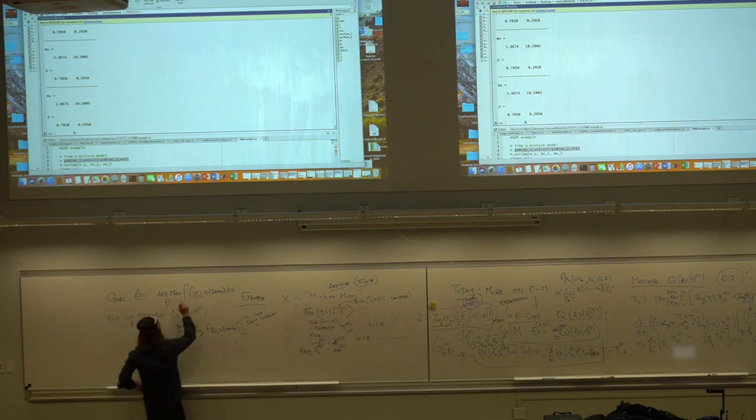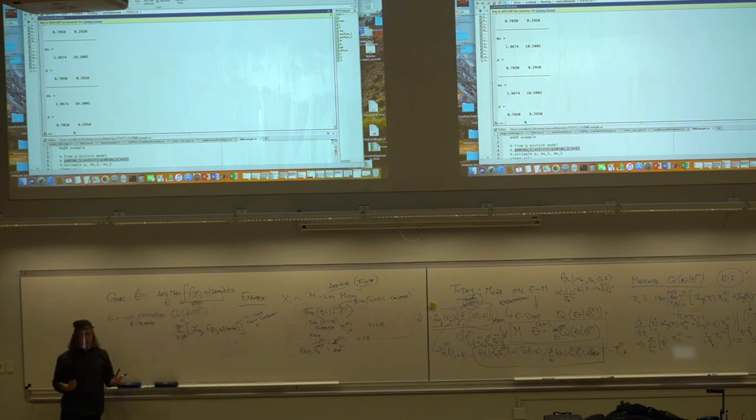So I'm going to call this function right here f theta. I'm going to get rid of my data notation just to clean this up a little bit. And I just want to show you that f psi given theta is going to be equal to f theta psi divided by f theta.